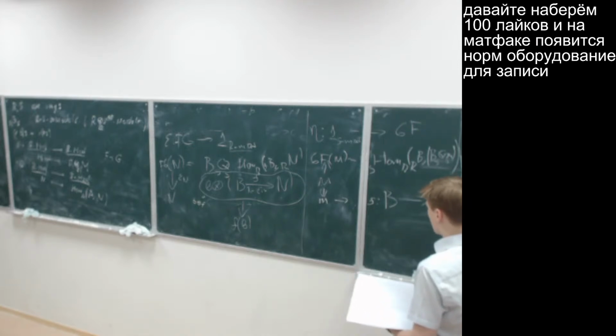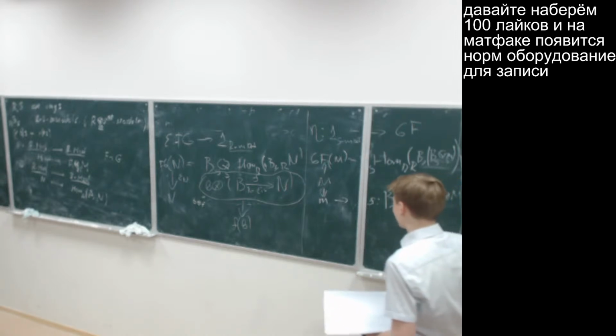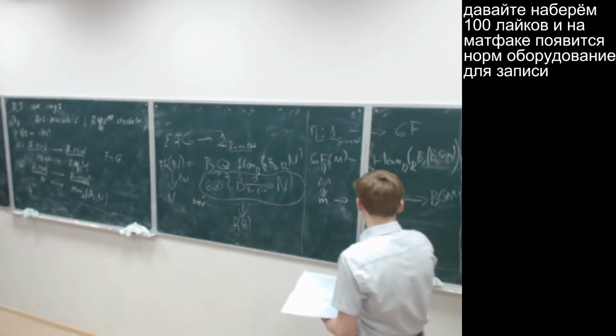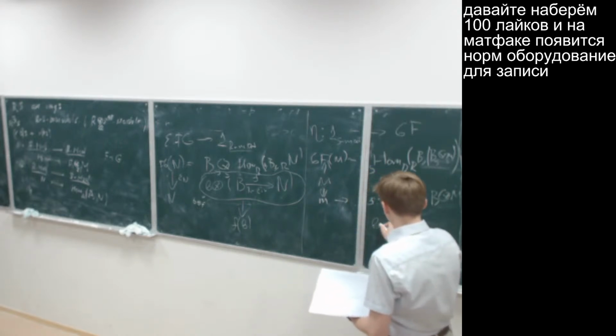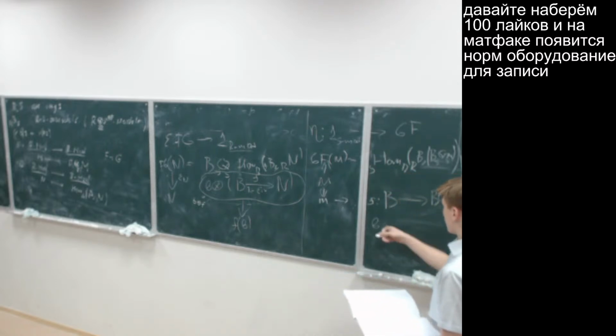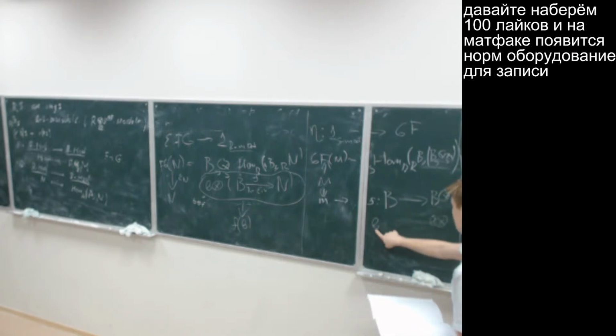Well, here's some heuristic for how we do it. We have to find a way to map b somewhere. Where can we map b? Well, we have b on the left hand side, and let it stay the way it was. b maps to b.